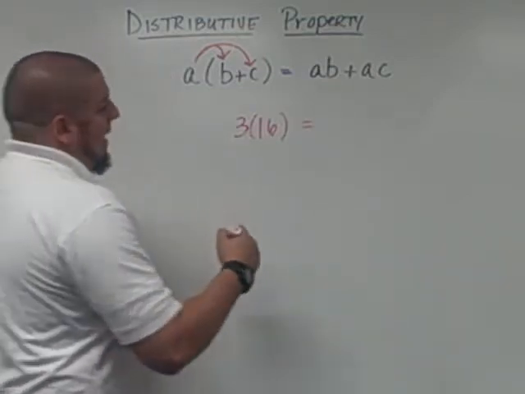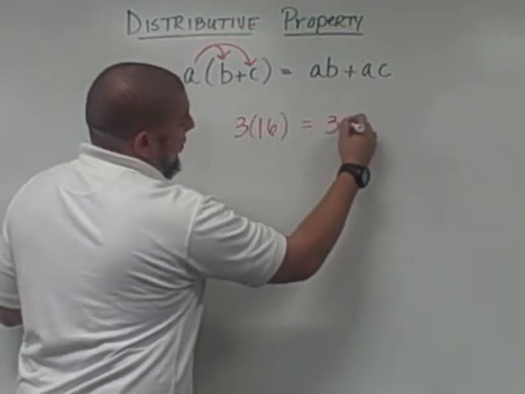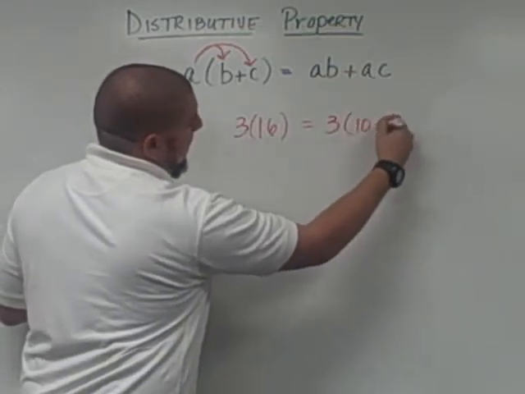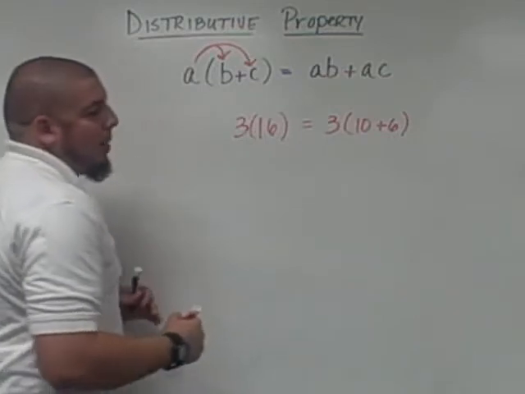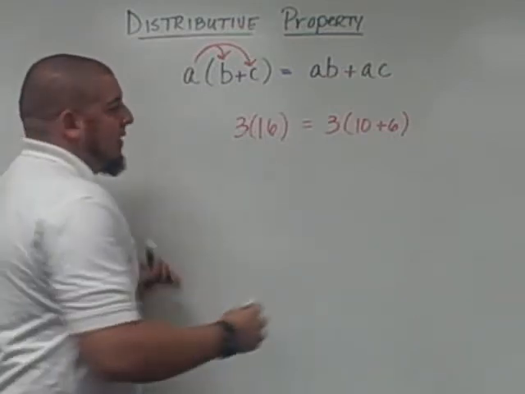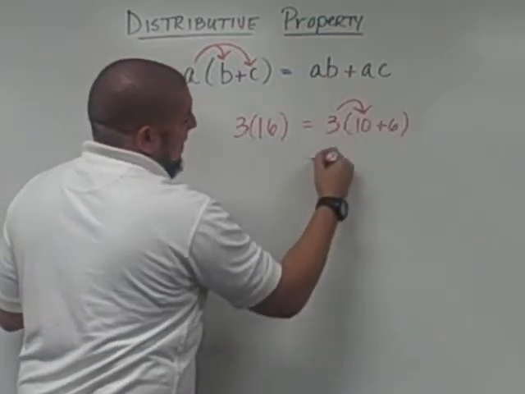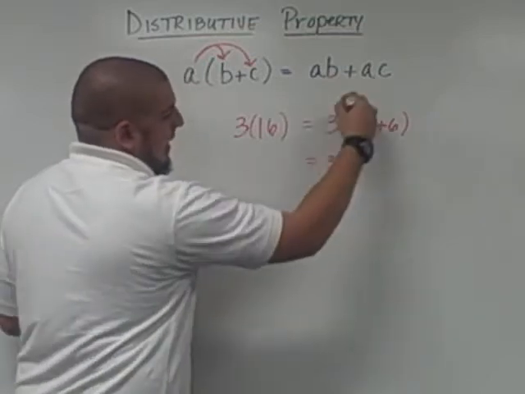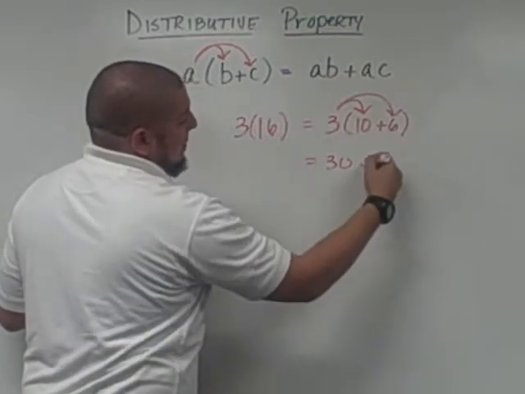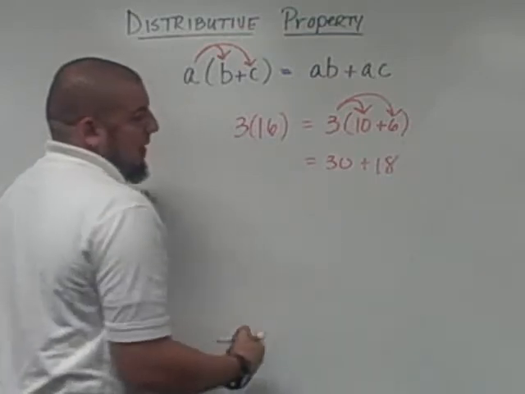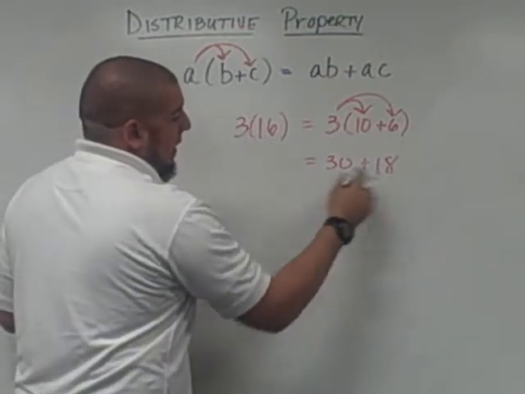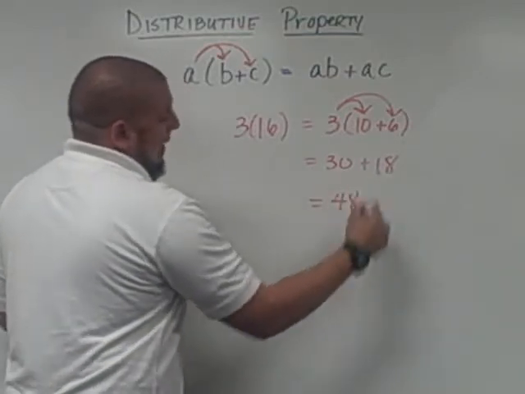But if I said, okay, let's break this down: 3 times (10 plus 6), I could probably do that in mental math a little easier. So I would do 3 times 10, we know that in our head is 30, and 3 times 6, which is 18, and then 30 plus 18 is 48.